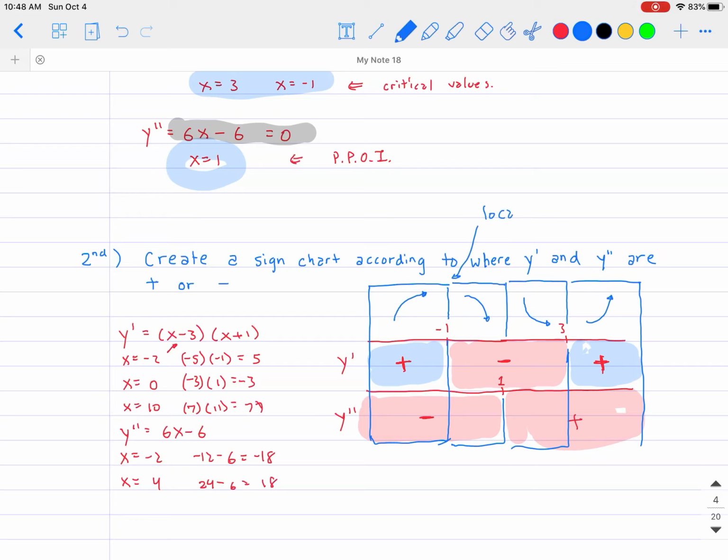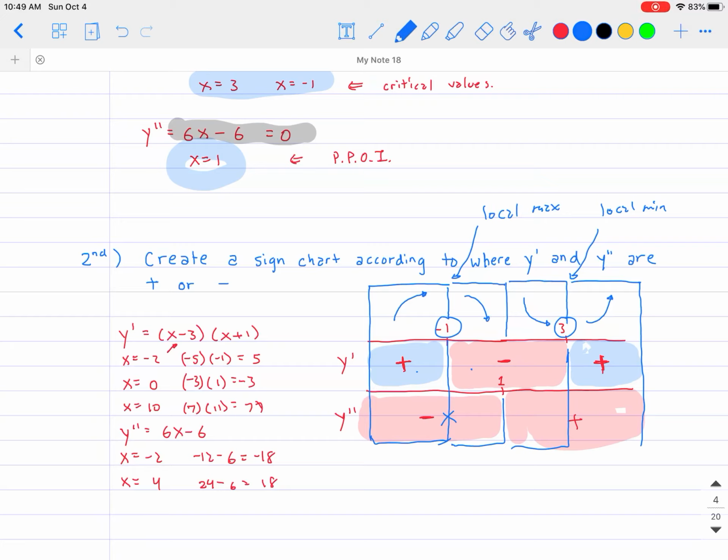So now you can see how here at -1, you're going to have your local maximum. Okay, and then over here at x equals 3, you have your local minimum, right? Because here you have the slope of 0 for each one of these. And according to my second derivative test, you can see that the second derivative is negative.